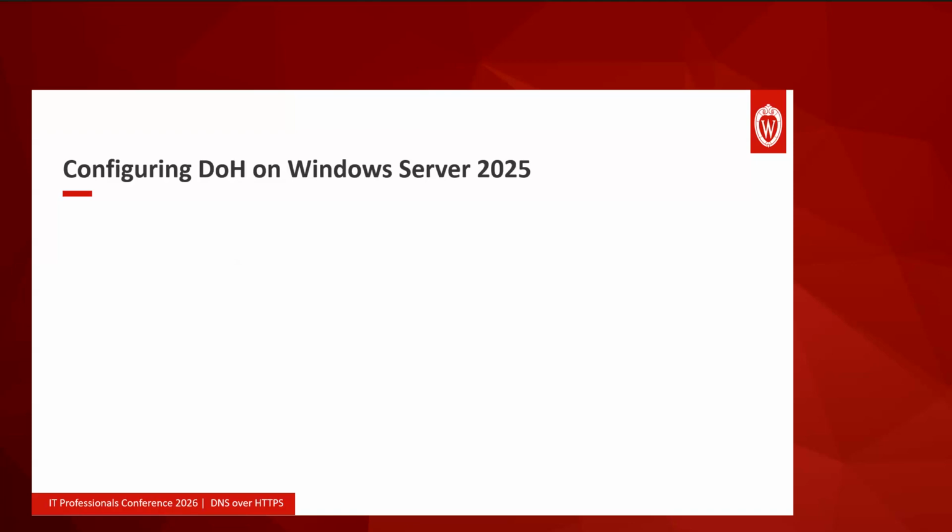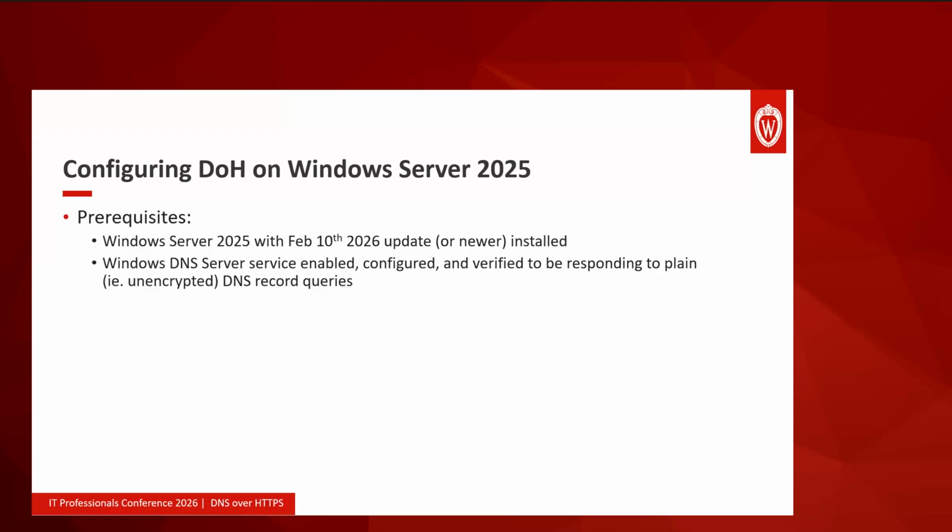Configuring DoH. So, getting into the weeds here a little bit with DoH and Server 2025, here are some of the prerequisites. You need Server 2025 with the latest Windows updates installed. And then it's basically configure and install and verify that the DNS server's working as it should on plain old port 53.